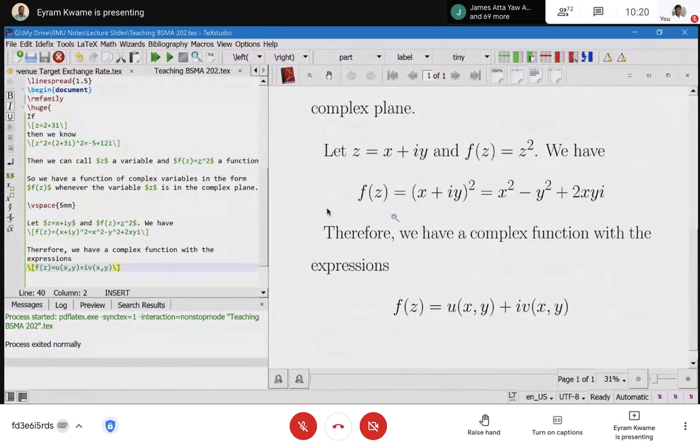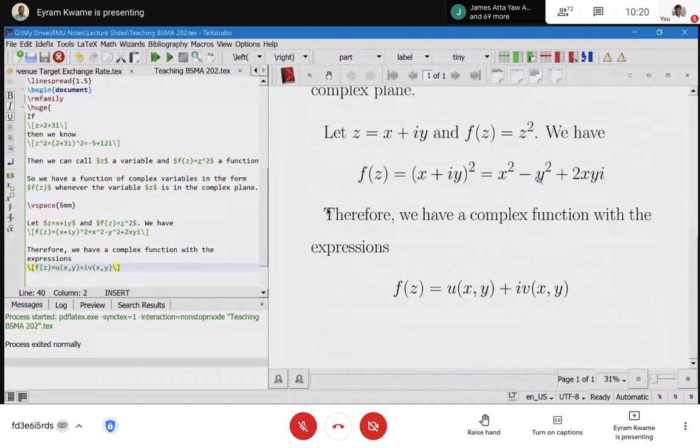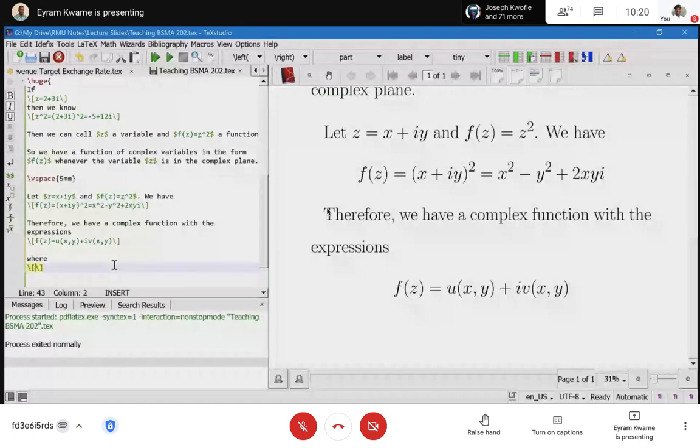Based on this, u of x comma y is equal to what? X squared minus y squared.